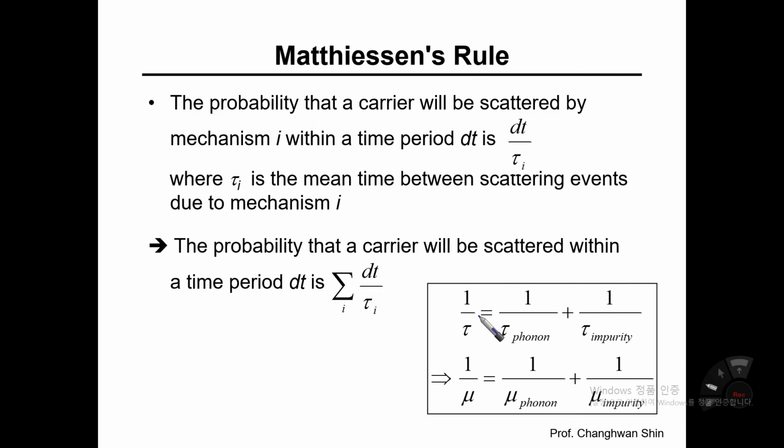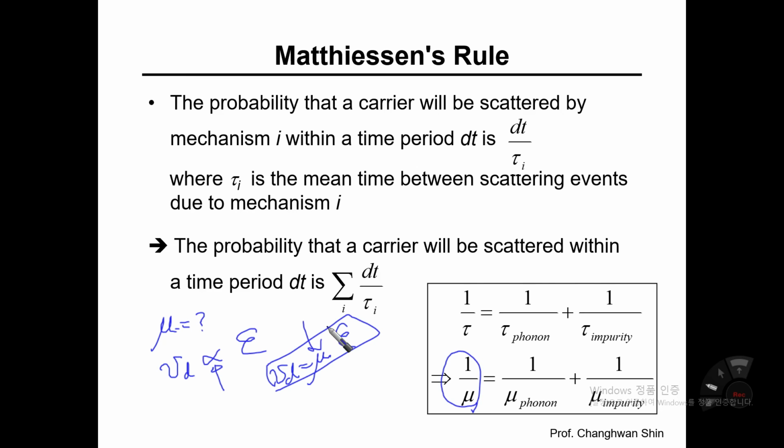The final destination that we are going to is mobility. So going back to the definition of mobility, did you remember this? Drift velocity is proportional to the electric field intensity. And what is the coefficient for this? Yeah, mobility. So Vd is equal to mu times E. And how do we define the mobility?